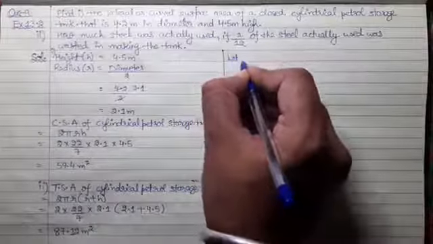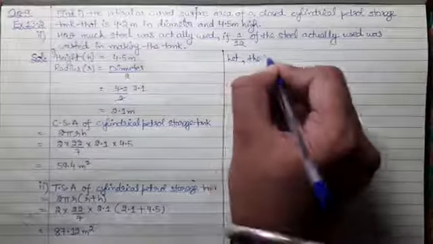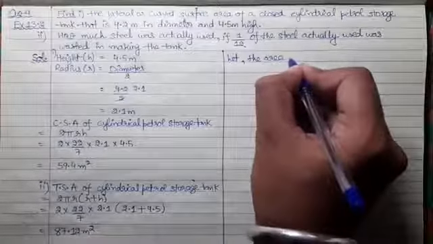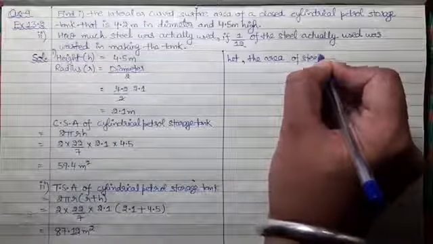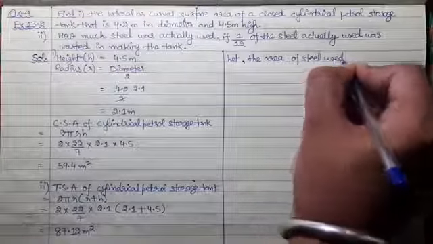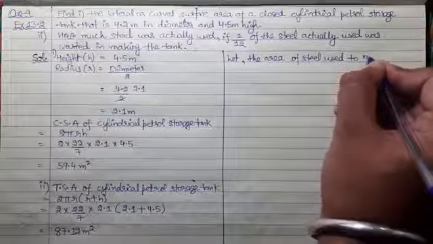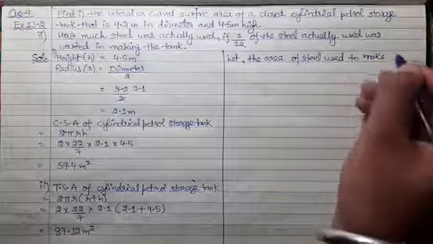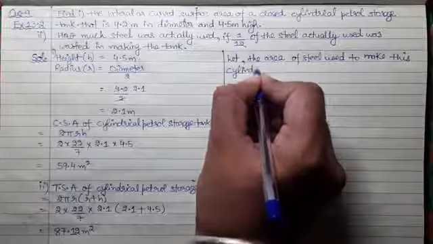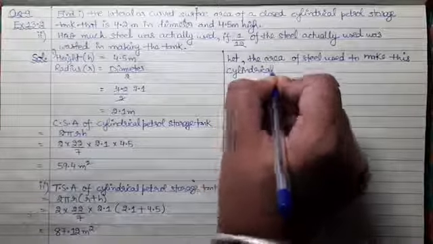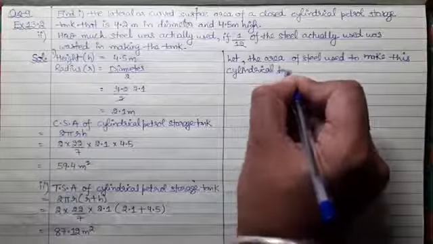Now let the area of steel used to make this cylindrical tank equal to x meter square.